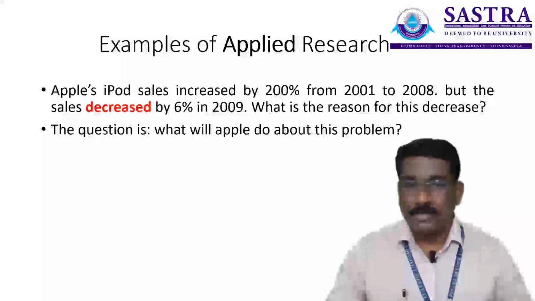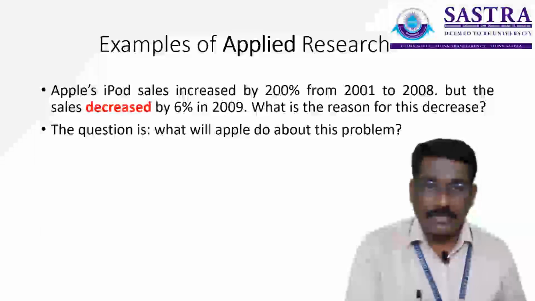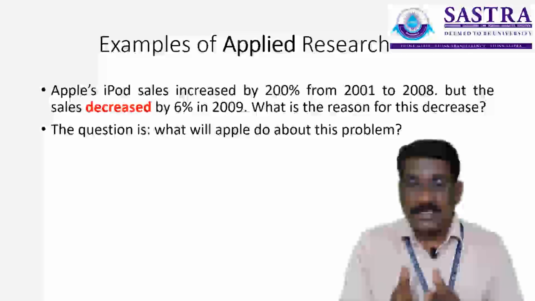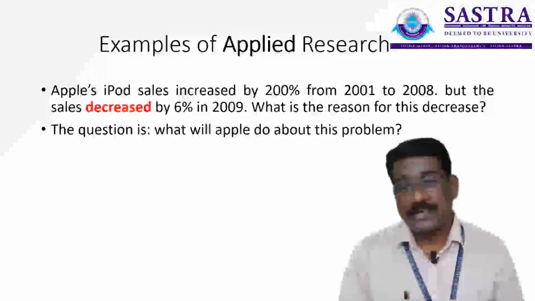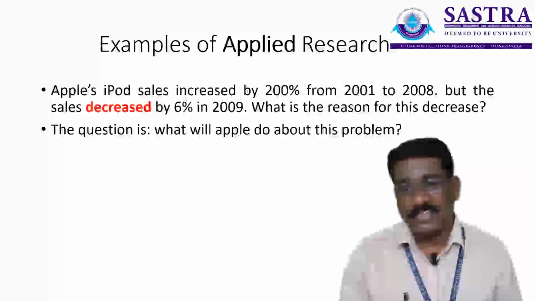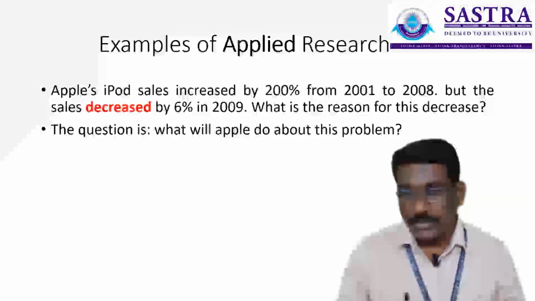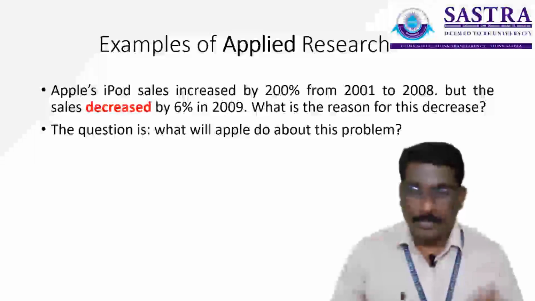So we need to put that research process into a real-time situation: why did sales increase by 200 percent from 2001 to 2008, but in 2009 there was a decline of 6 percent? What are the factors associated with the decrease in the sales of iPod? If you want to provide a solution to this particular problem, you need to go for proper research.